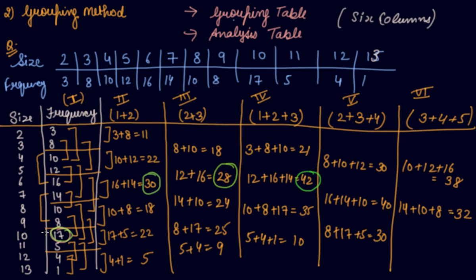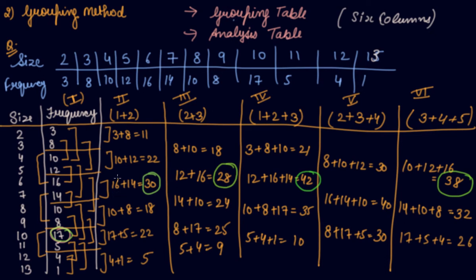Then we have the other 17 plus 5 plus 4, which is 26. So we again will mark the highest frequency, that is 38. Now I am writing it.